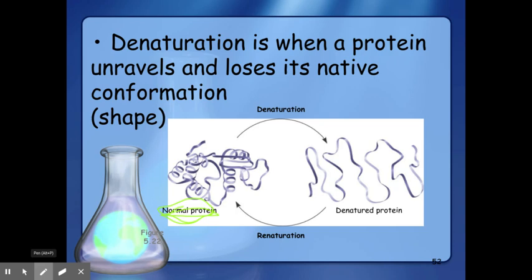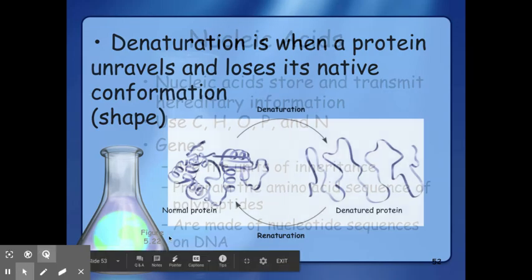Now, if we get really, really hot, this is why fever can be a problem, it can denature our proteins. And if our proteins don't work right, you can't live. Again, I mentioned when we talked about the properties of water how very strict our body is about the pH in your blood. pH is another thing that can cause denaturing. That can change the shape of the protein. If you change the shape, it can no longer do its job. So those are important things to point out.